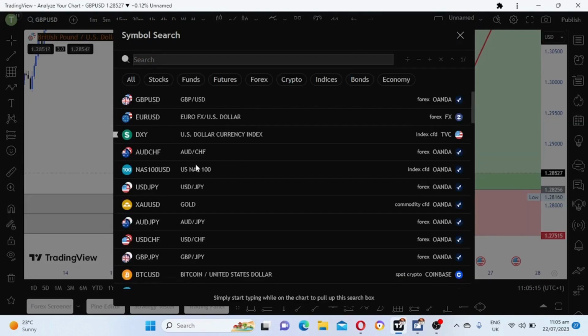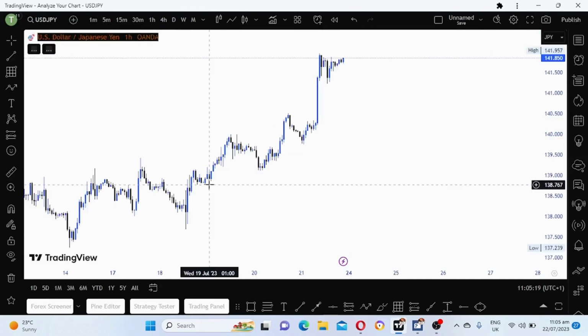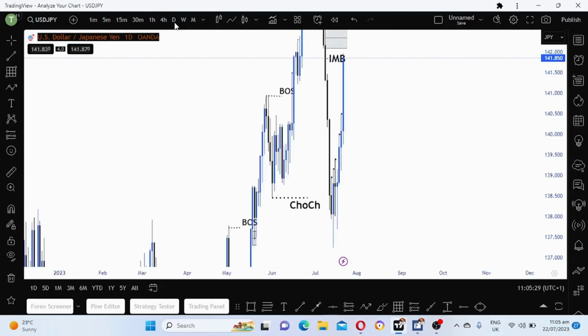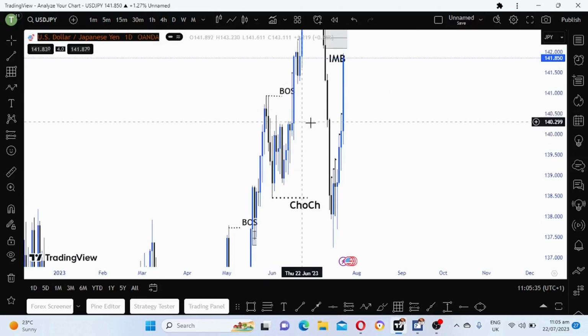Now let's look at USDJPY. Looking at USDJPY, guys, we are actually pulling back because we had a change of character here.